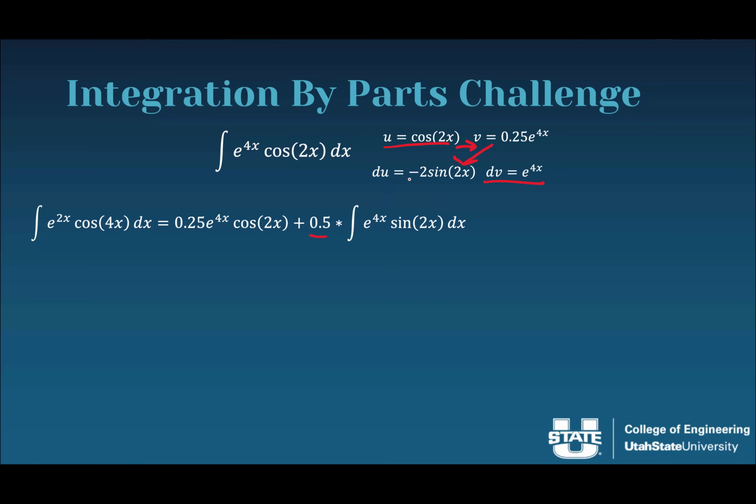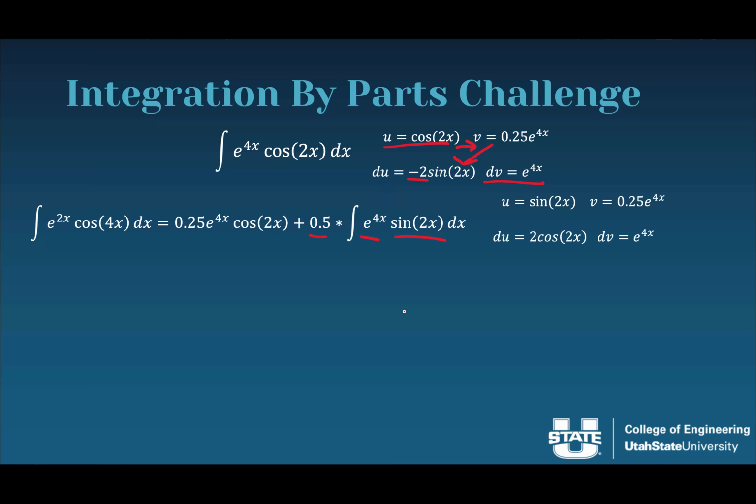And then because this is -2, the subtracting from the integral becomes positive. So 0.5 times e to the 4x sine of 2x. Okay? And once again, we have an exponential function and we have our trig function. Oh no. Looks like we're gonna have to do it again.